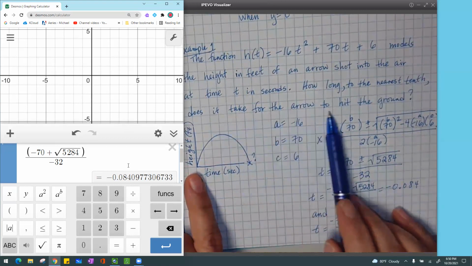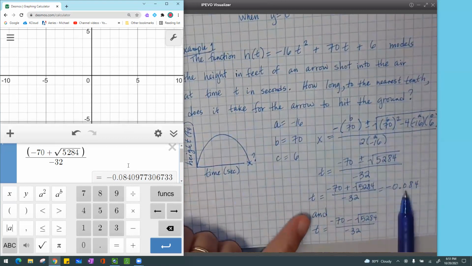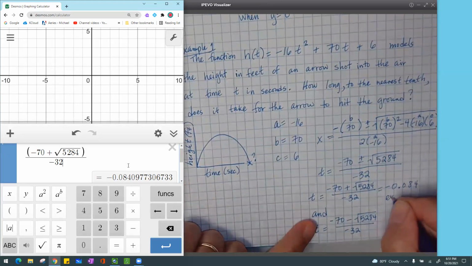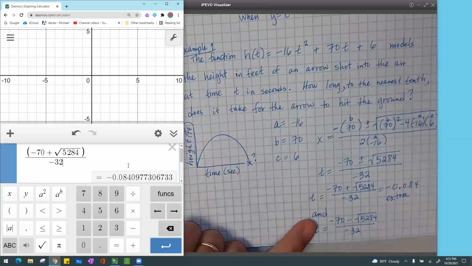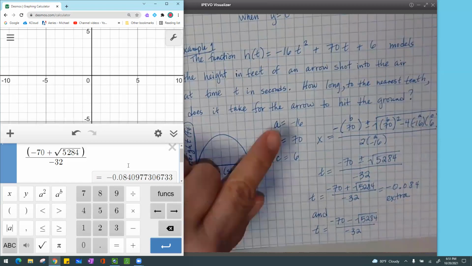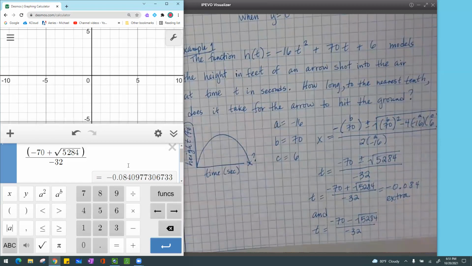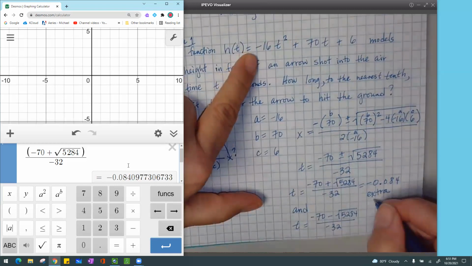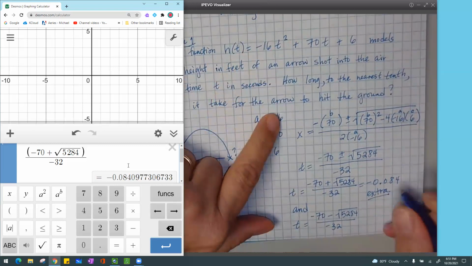How long does it take for the arrow to hit the ground? I don't want to know 0 seconds, -0.08. This is an extra solution. It solves the equation, but it doesn't help answer the question that I'm asking. It is correct for this equation, but since it doesn't answer the question I'm asking, it's extra or extraneous.